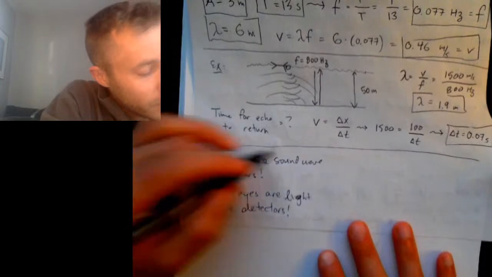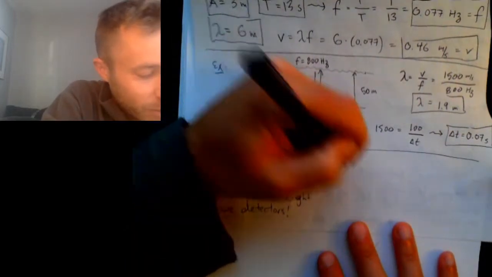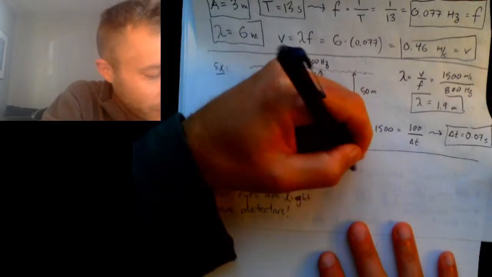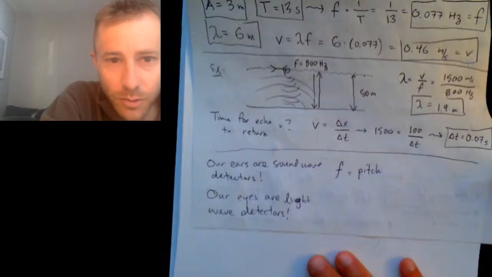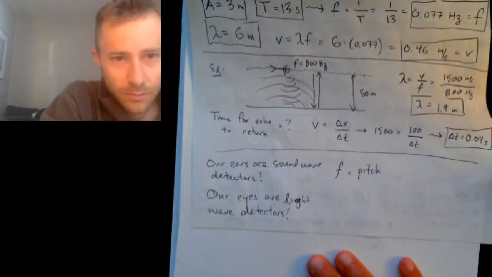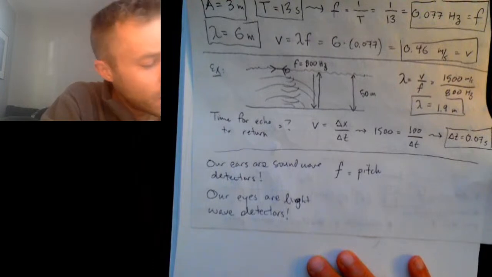Well, for a sound wave, it turns out that frequency our brains perceive as pitch. So is it a high note or a low note? La, la. Those are changing the frequency of the sound wave. Okay?